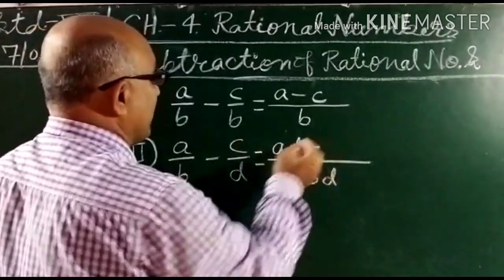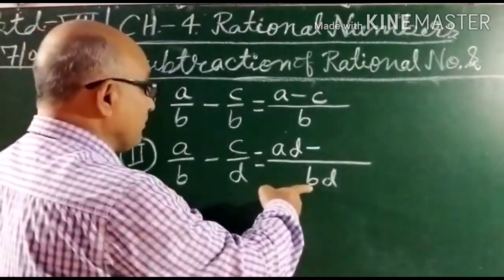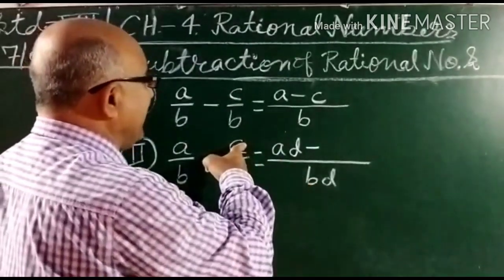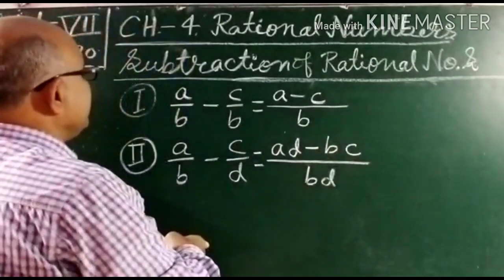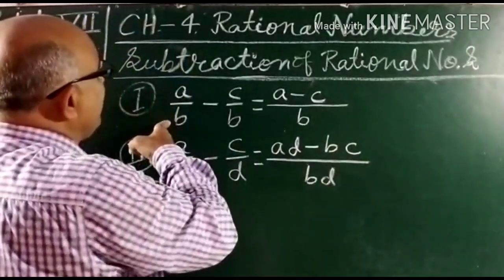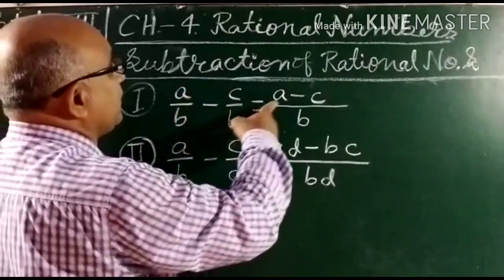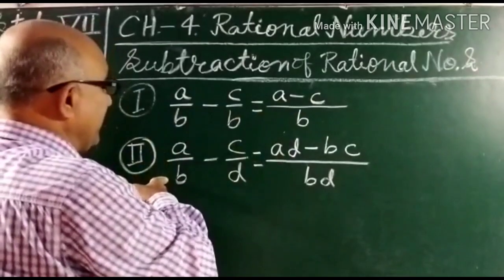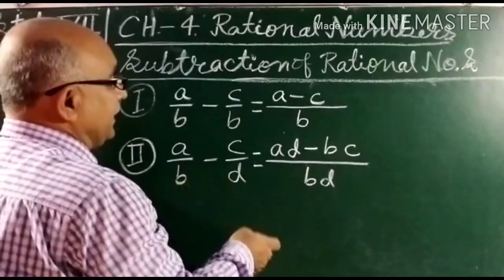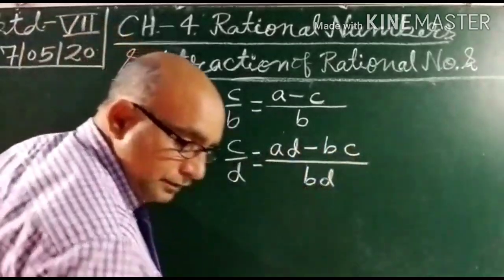The sign is minus. bd divided by d, quotient is b, so b into c is bc. So, a/b minus c/b equals (a minus c)/b, and second, a/b minus c/d equals (ad minus bc)/bd.